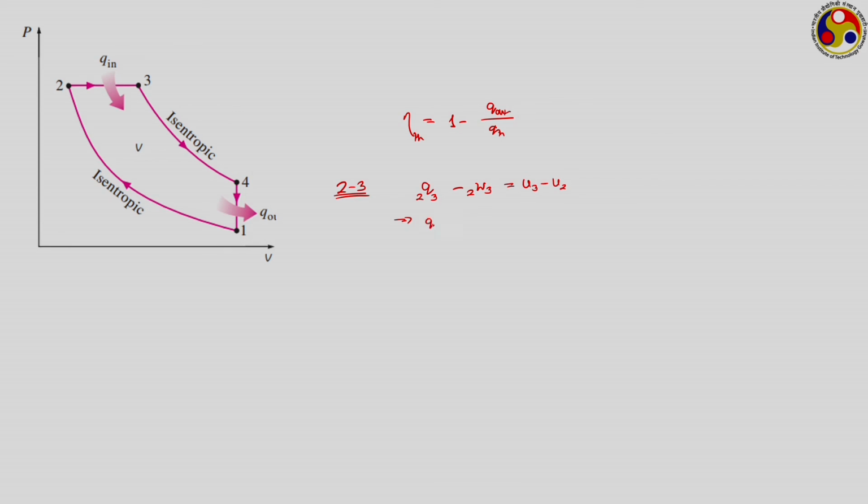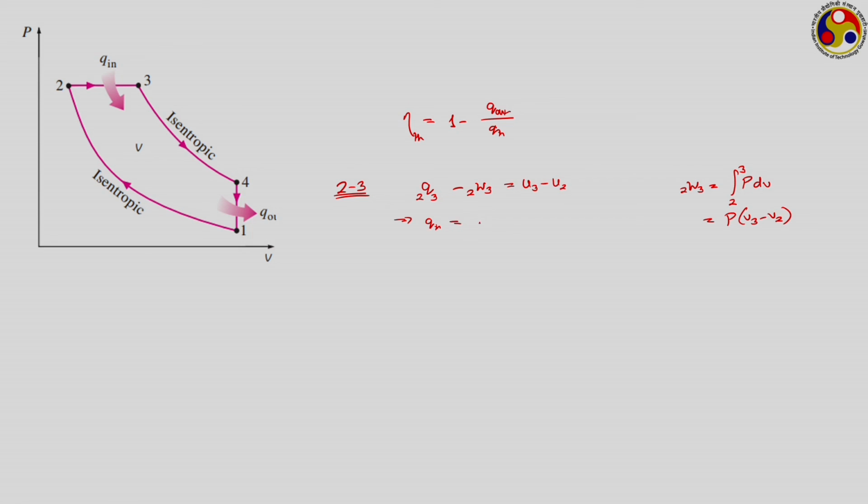Now, Q 2 to 3 is Q in, but W 2 to 3 is not 0 in this case, because it is not a constant volume process. Now, W 2 to 3 is equal to the integral from 2 to 3 of P dV. Pressure remains constant during this process, so we can write this to be equal to P into V 3 minus V 2.